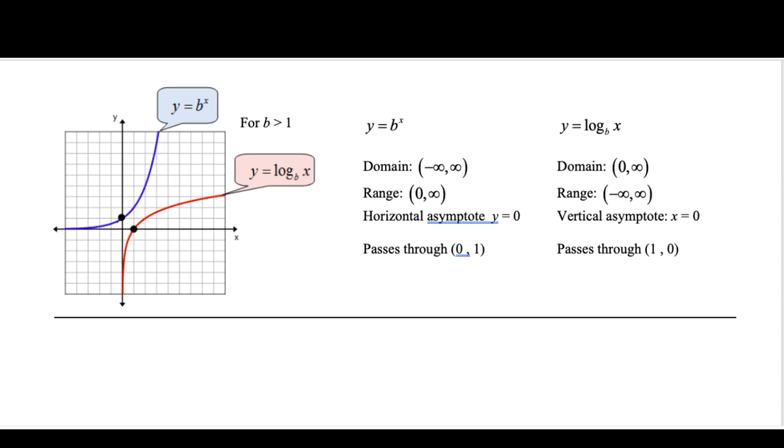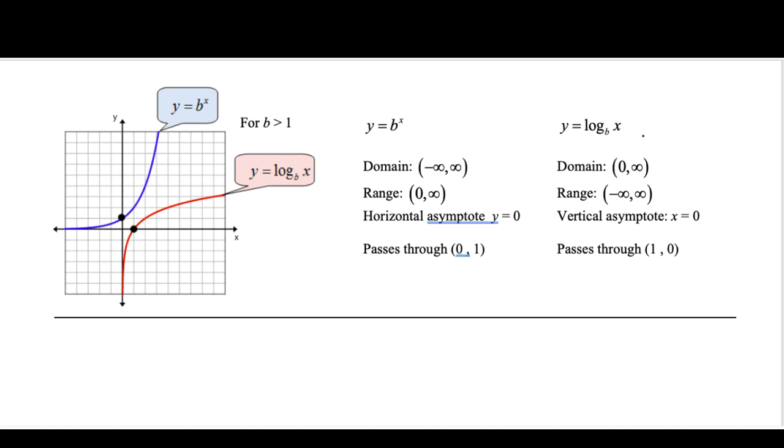You'll notice that the entire graph sits above the x-axis, right? So the range is only positive y values, but the domain could be any number. For the exponential function, the x-axis serves as a horizontal asymptote, and it always passes through the point 0, 1, simply because anything raised to the power of 0 is equal to 1.